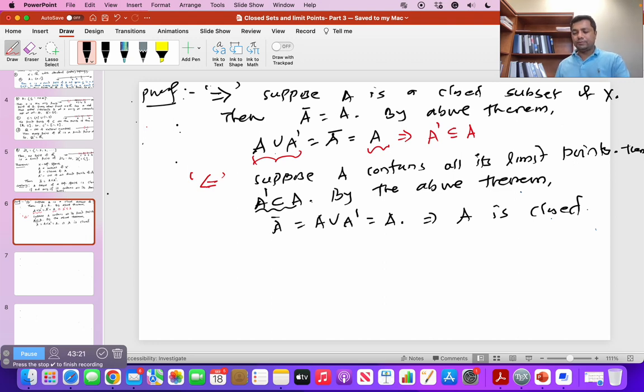All right, now this corollary is very helpful to check whether the given subset is closed or not, or whether the given subset of a topological space contains its limit points or not.